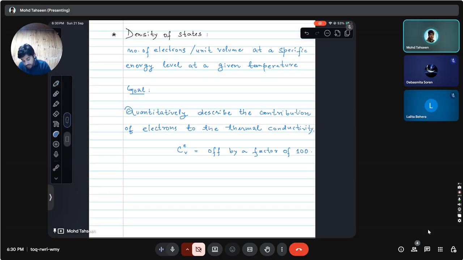So we want to develop new statistics, this Drude-Sommerfeld model, to explain why we see this factor and whether we can correct it. Okay.